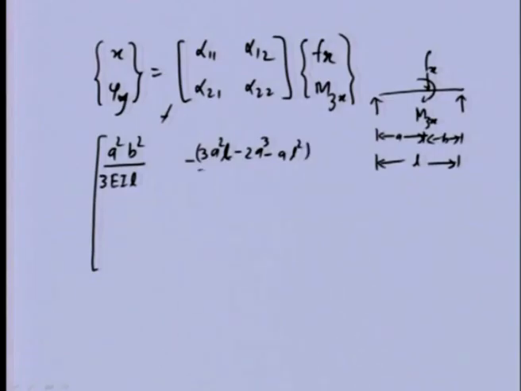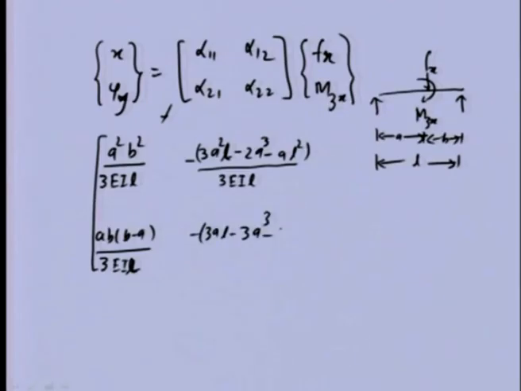A L square divided by 3 E I L, and A B minus A divided by 3 E I L, and alpha 22 is 3 A L minus 3 A cube L square divided by 3 E I L. So, this is the typical influence coefficient for a simply supported beam, but for other kinds of support conditions, the influence coefficient will change.